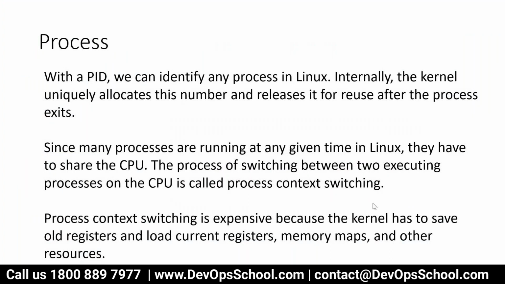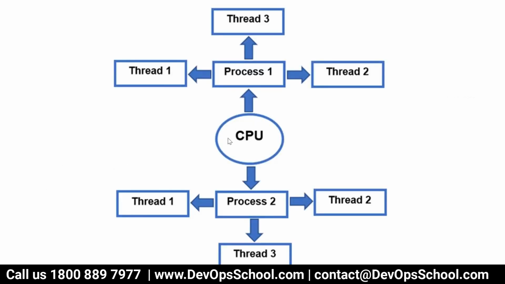The process of switching between two executing processes on the CPU is called process context switching. What is that? If you look at this image, what happens? CPU can be provided to only one process at a time.